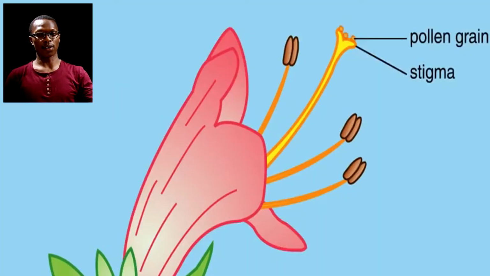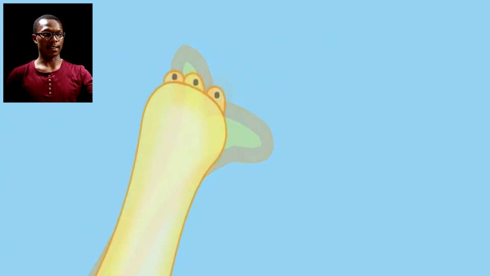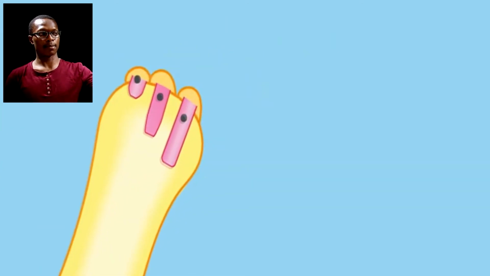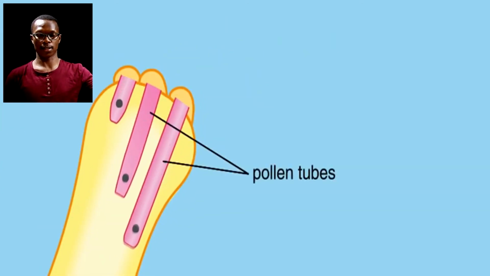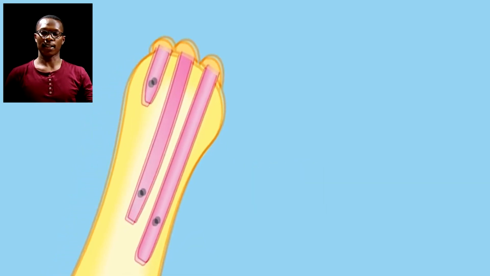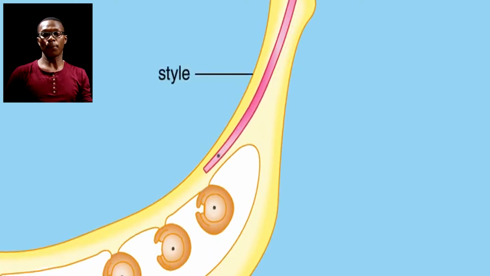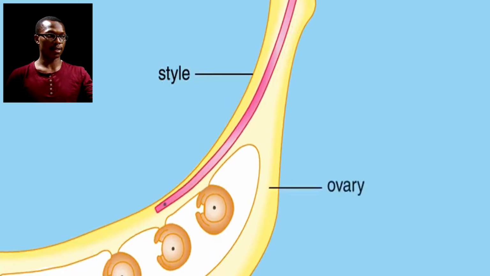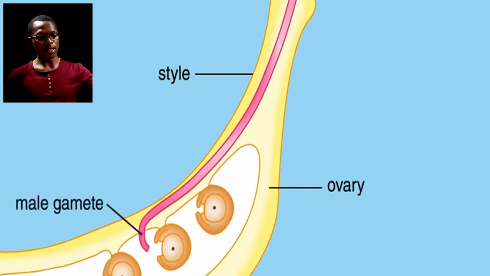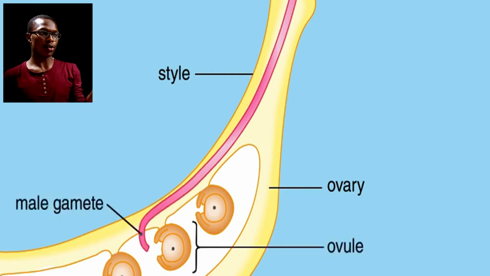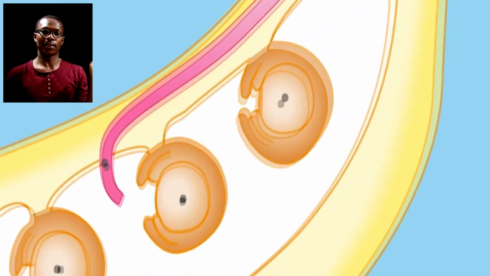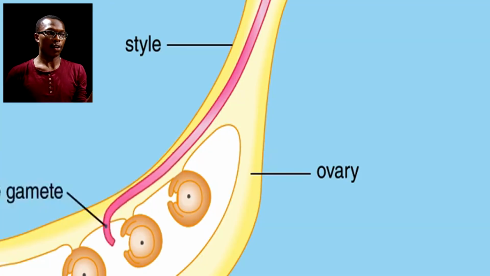When the pollen falls off, it creates a pollen tube inside the style, going downwards, okay? The pollen tube will create its own path going downwards, as you can see, until it reaches the part we call the ovary or the ovules, because we also have the ovules inside.